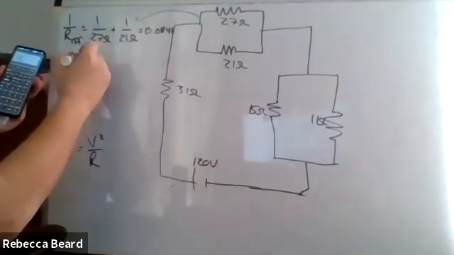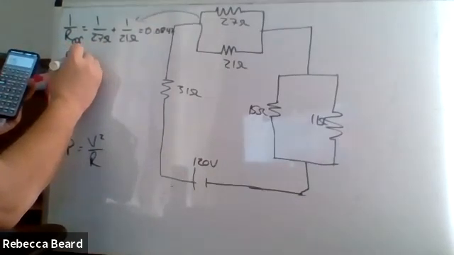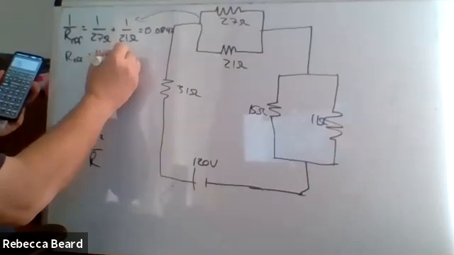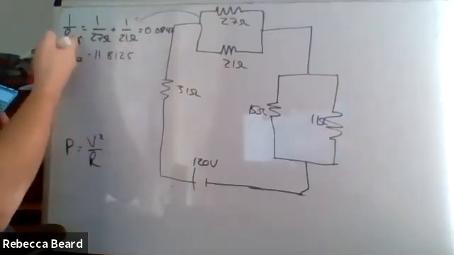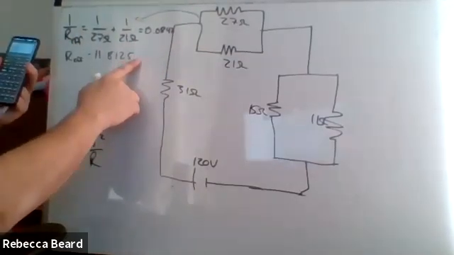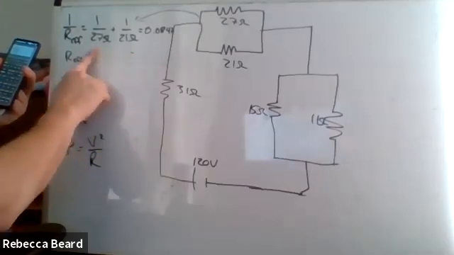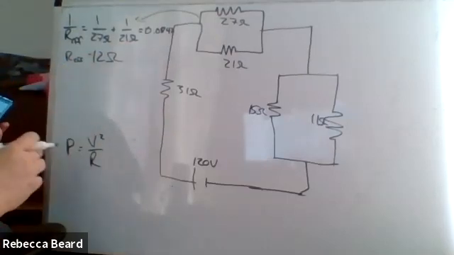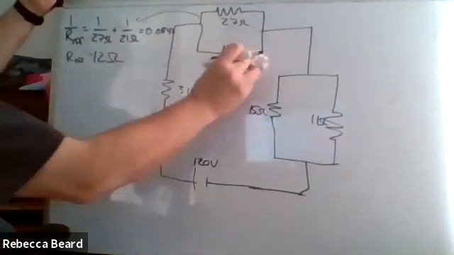Never forget to do that last step because it'll really mess you up if you don't. I'm getting 11.8125, blah, blah, blah. We're keeping the two significant figures, so it really pains me to do, but I'm going to say that that's 12 ohms.